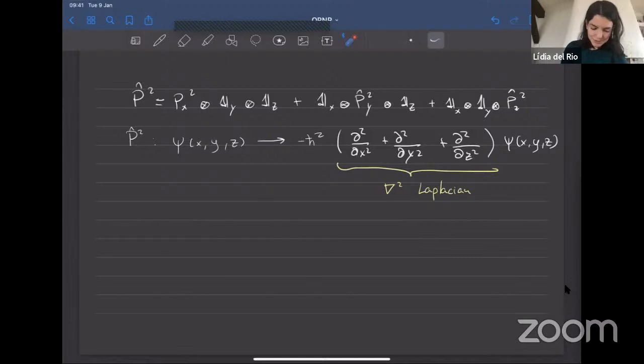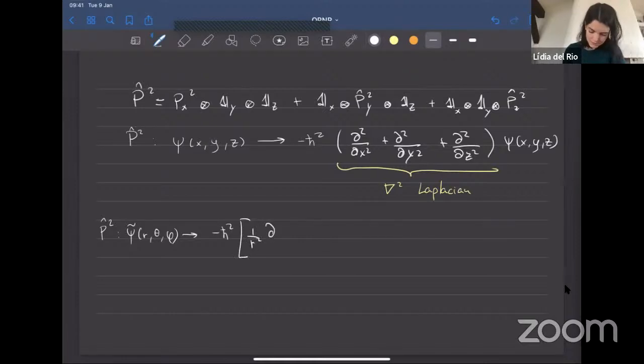Okay, and let me try not to make any mistakes. It looks a bit terrible, but we'll see that we can simplify it very nicely. So it takes the spherical wave function to the following: minus h bar squared times this whole thing. d squared over dr squared.